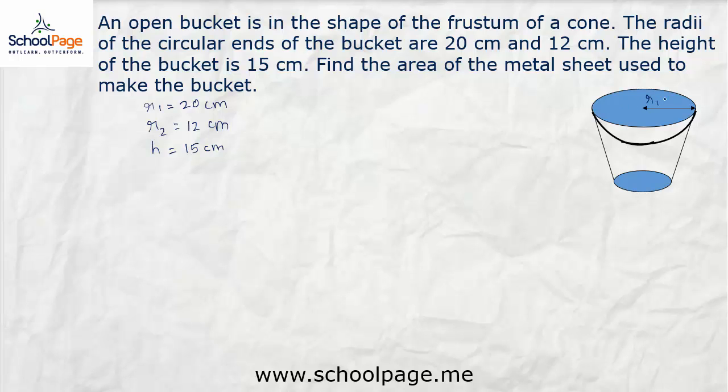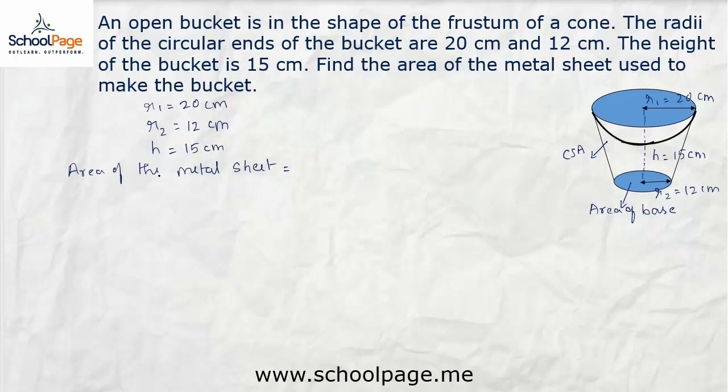R1 is equal to 20 centimeters, R2 is equal to 12 centimeters. The height h is equal to 15 centimeters. Now we have to find the area of the metal sheet used to make the bucket. For this, we will have to calculate the curved surface area of the bucket and add it with the area of base.